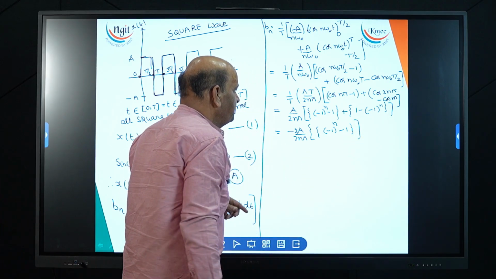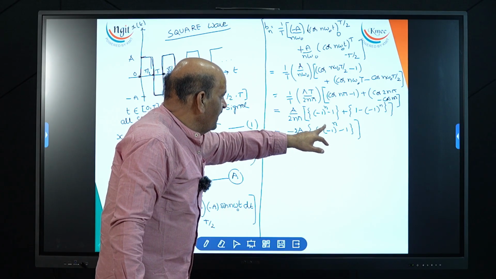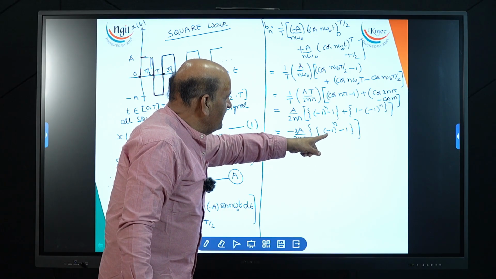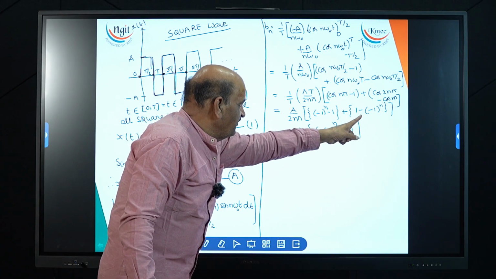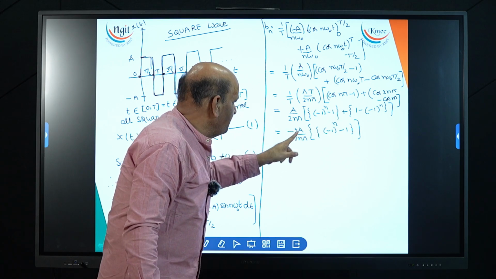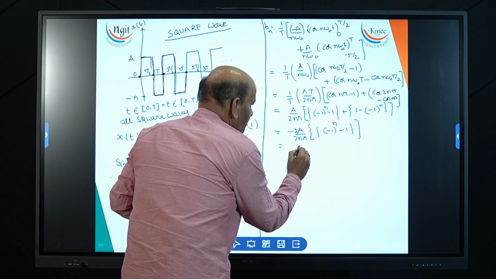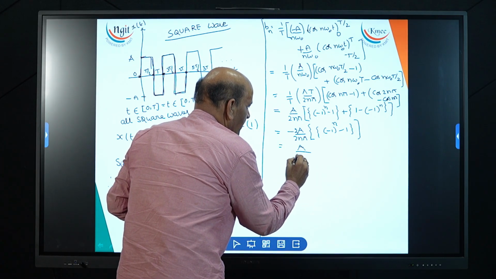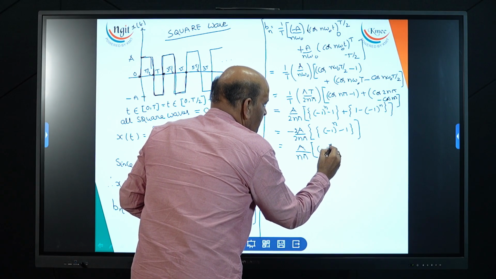You can write it either way, 1 minus minus 1 whole, and taking minus common, this will become minus 1 whole power n minus 1. These two are the same, so 2 same terms multiplying by 2, the 2 cancels. So this will become a by n pi into its value, equal to minus 1 whole power n minus 1.